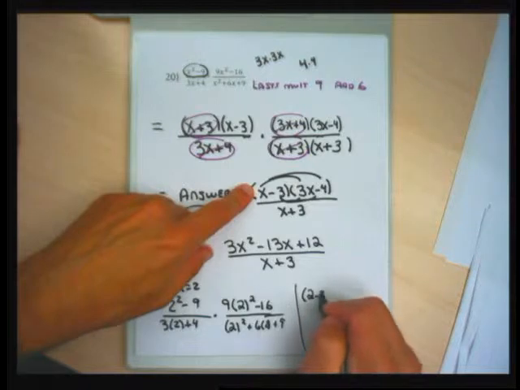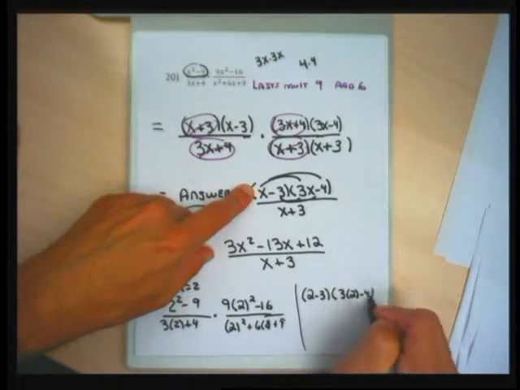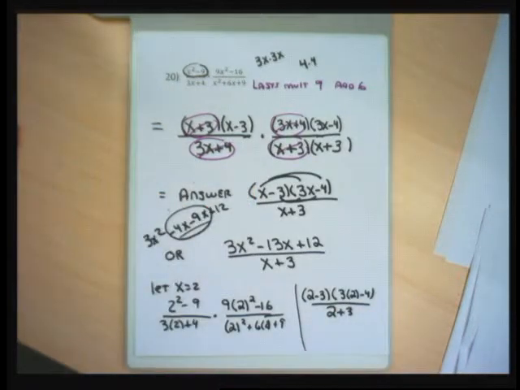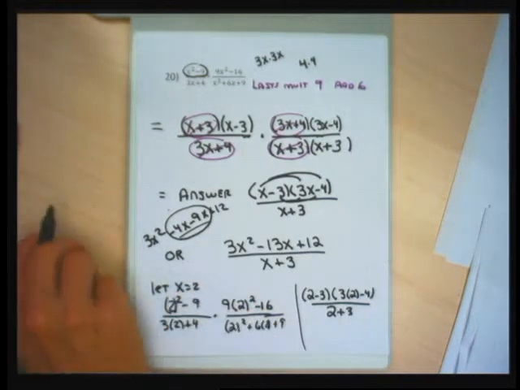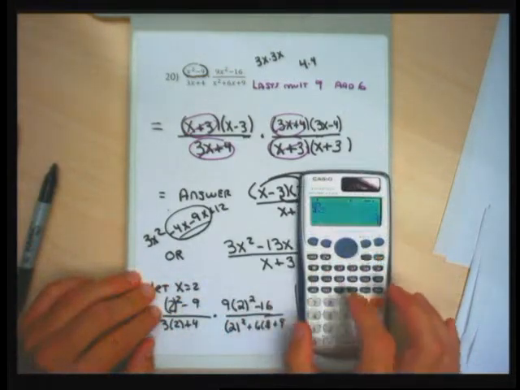For my answer, I'm going to go 2 minus 3 and 3 times 2 minus 4 over 2 plus 3. I did mostly parentheses for my multiplying, and I didn't put a parentheses here, but I could have. So I'm going to do these two computations. Harder computation first.